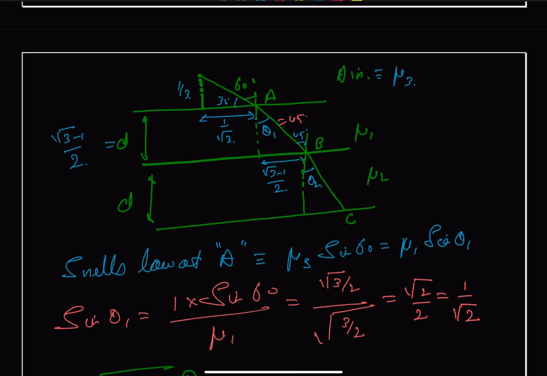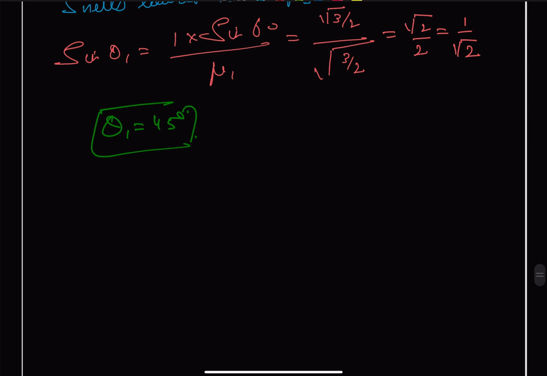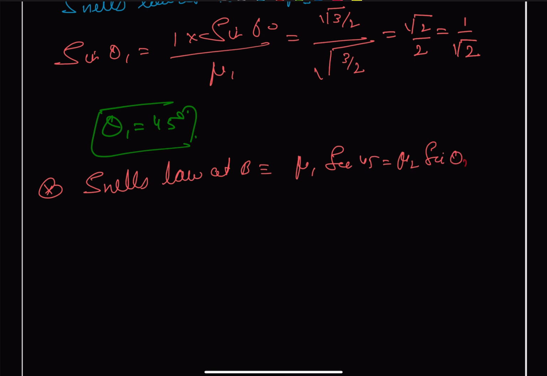So we are going to use Snell's law at B. Now if we use Snell's law at B, we can say that mu1 sine of 45 will be equal to mu2 sine of θ2, and we are supposed to find θ2, so we can write sine of θ2 as mu1 upon mu2 times sine of 45.